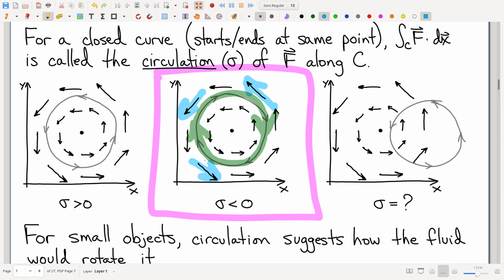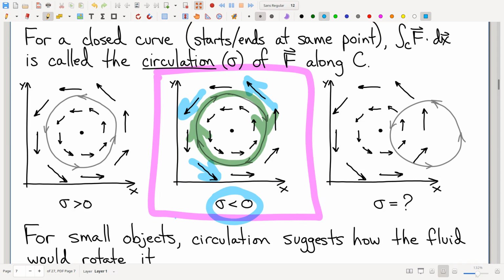It's going right along that curve there, right? There's the curve, and there's the fluid, and the fluid's flowing along the curve, until you realize, but wait a minute, the curve's going the other way, right? And so the dot product here is going to be negative because we're going, you might say, the wrong direction. So here you would expect the circulation to be negative. Does that make sense?